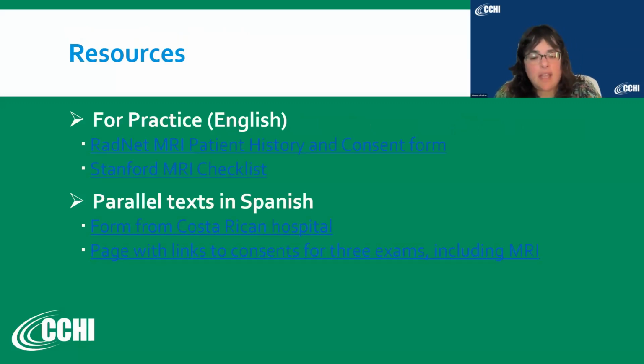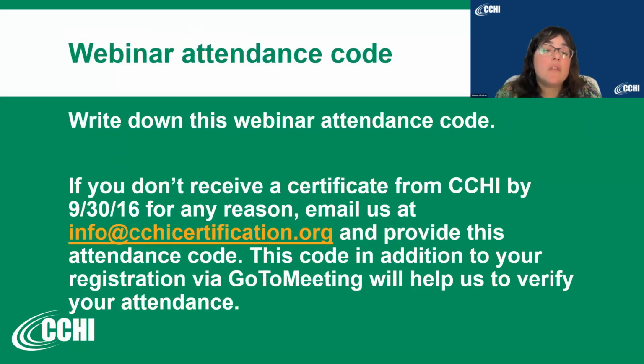And then at the end, we give them a webinar attendance code that they have to send to me. This says CCHI, but I was giving it for CCHI. If for some reason I don't issue them a certificate because I didn't see them or something happened, they can email me with the code to prove that they were there.